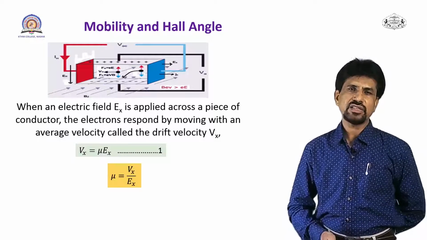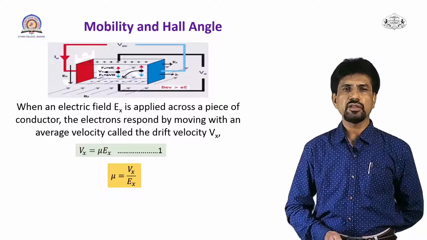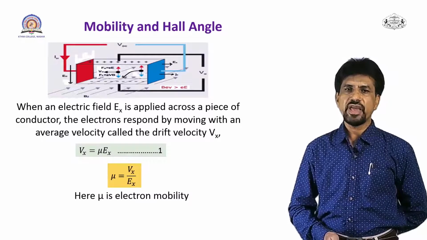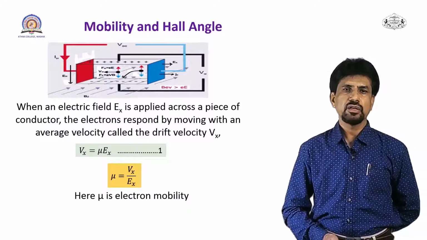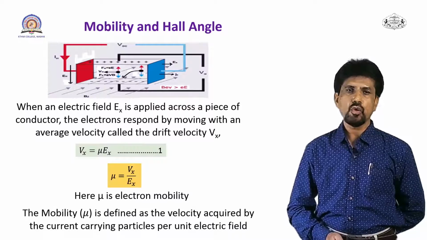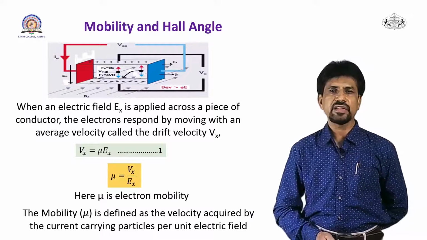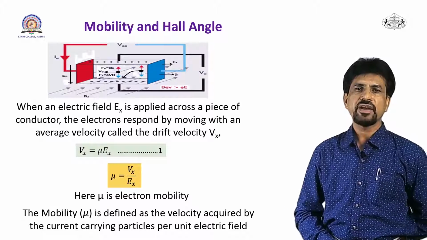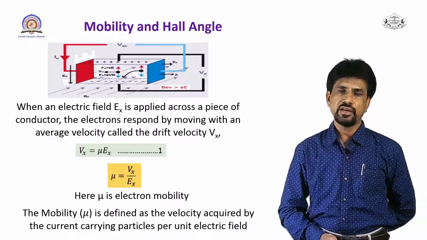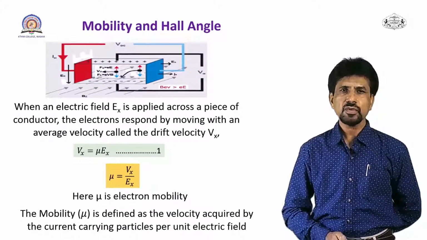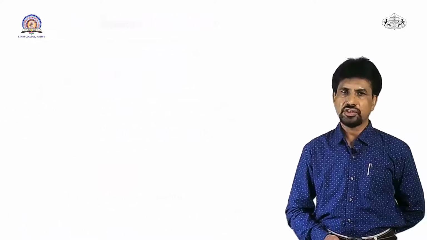So we can express this equation in terms of the mobility: mu is equal to Vx divided by Ex. Here mu is known as the electron mobility, and it is defined as the velocity acquired by the current carrying particle per unit electric field. So remember what we mean by the mobility and what we mean by the drift velocity.